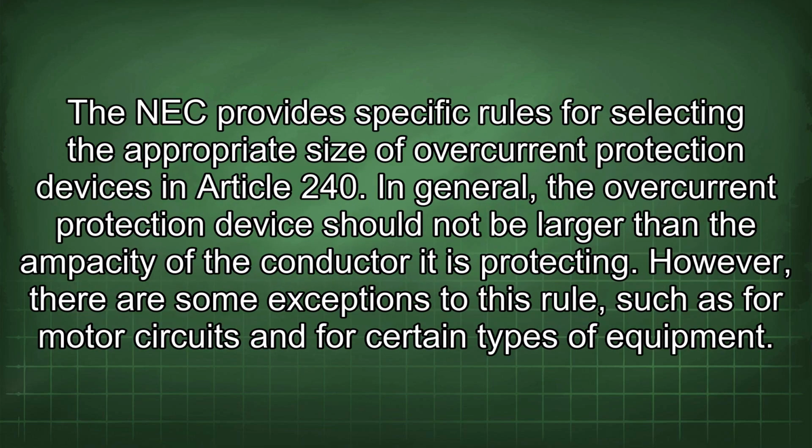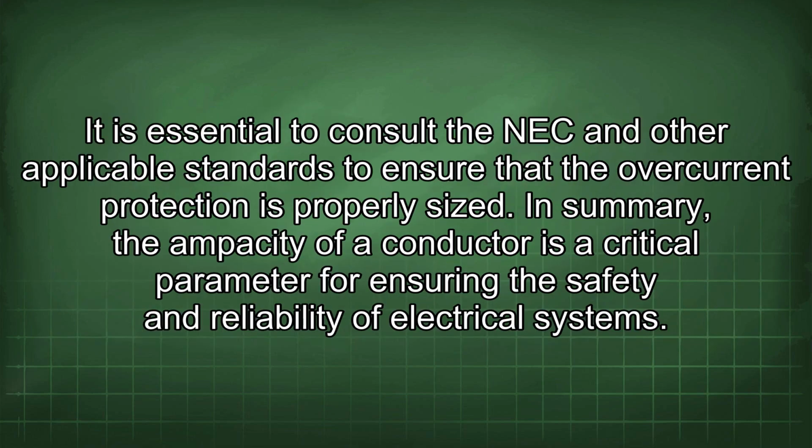The NEC provides specific rules for selecting the appropriate size of overcurrent protection devices in Article 240. In general, the overcurrent protection device should not be larger than the ampacity of the conductor it is protecting. However, there are some exceptions to this rule, such as for motor circuits and for certain types of equipment. It is essential to consult the NEC and other applicable standards to ensure that the overcurrent protection is properly sized.